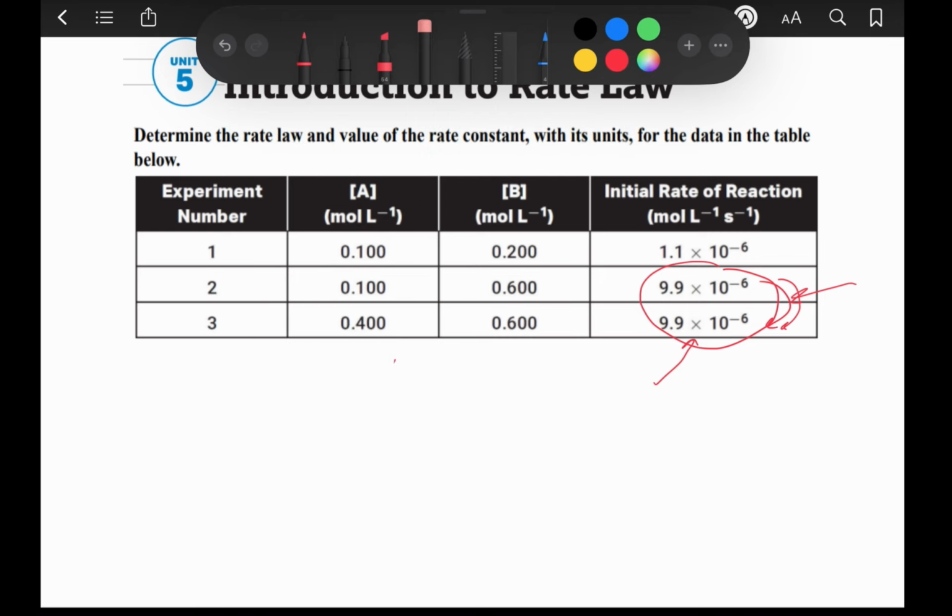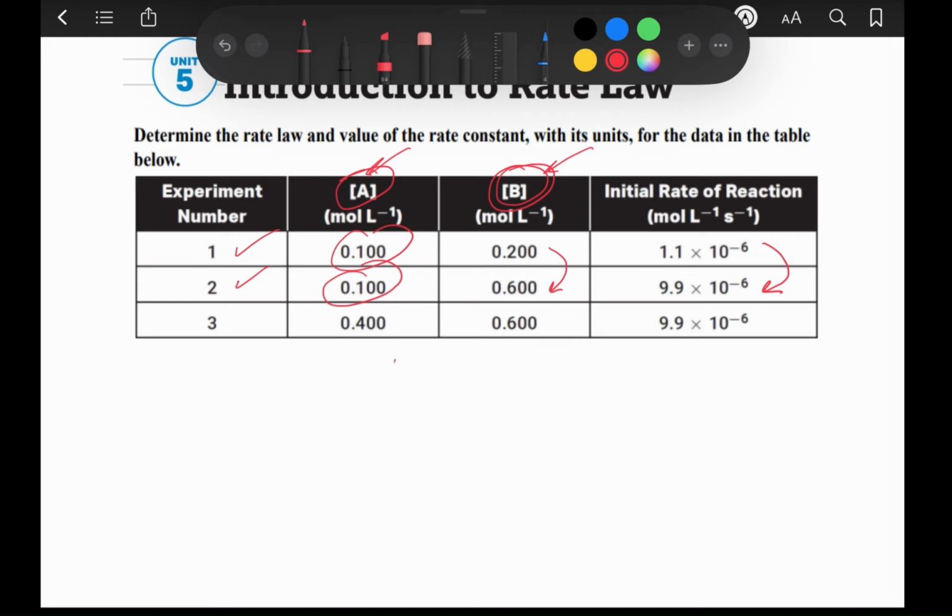Let's determine the order of B. In order to calculate the order of B, we have to take different concentrations of B and identical concentrations of A. So it's done in experiments 1 and 2. These are fixed so far. We can notice that the concentration of B is tripled, and the rate is increased by a factor of 9.